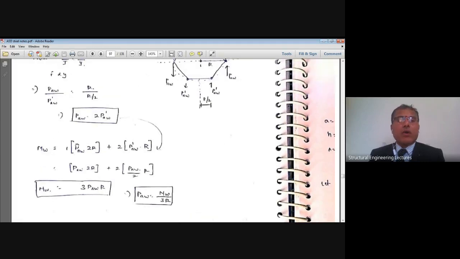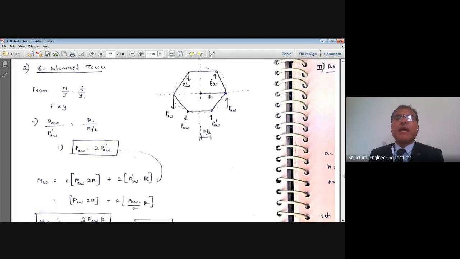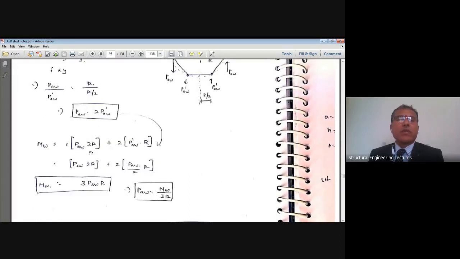Then the overturning moment M_W is equal to the resisting moment by these two columns, offering a moment of resistance P_AW multiplied by a distance of 2R, with only one couple, whereas for P_AW prime, there are two such couples, at a distance of R by 2, R by 2, R. That is how there are the two couples, right?